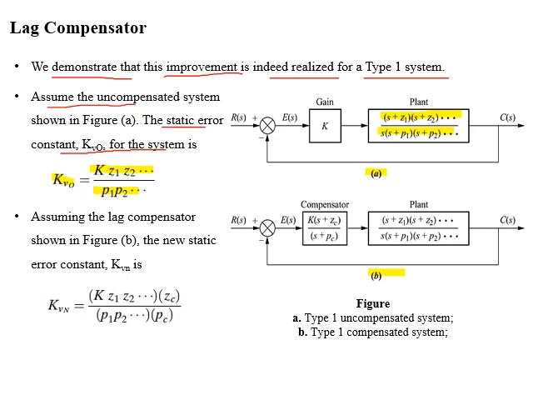Now if we assume that we have added a lag compensator whose transfer function was studied in the last slide, the new static error velocity constant will be given by Kvn and will be equal to gain K, product of zeros divided by product of poles, multiplied by compensator zero over compensator pole. The compensated system is shown in figure B.